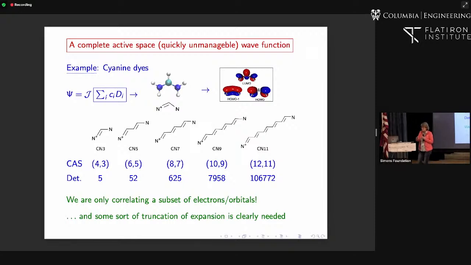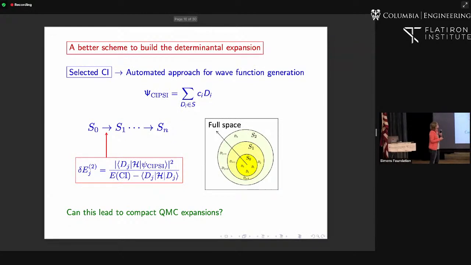So what we've been exploring in the last few years is to actually use a better scheme to build the determinantal expansion inside quantum Monte Carlo. There's been indeed a rediscovery in the field of selected configuration interaction. There are many flavors, but the basic idea is you have, let's say, a small set of determinants, a space zero from which you start, and then via the Hamiltonian, you go outside your initial set of determinants, your Hartree-Fock determinant, for instance.